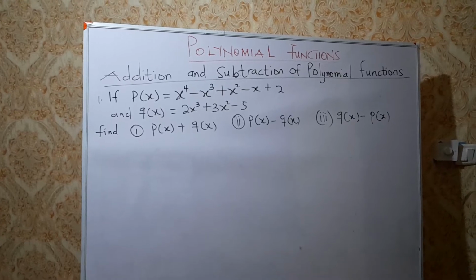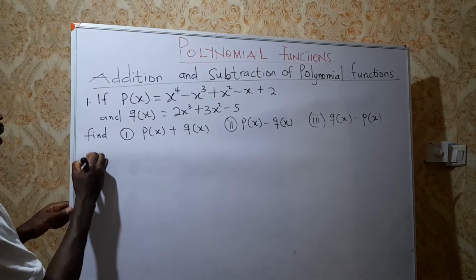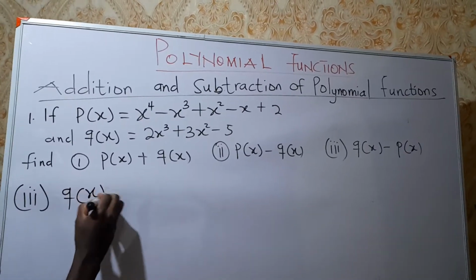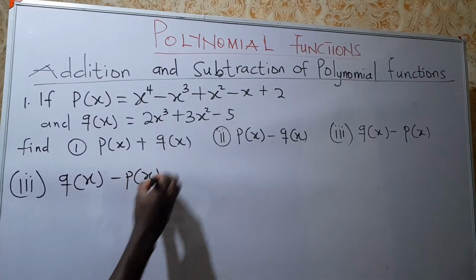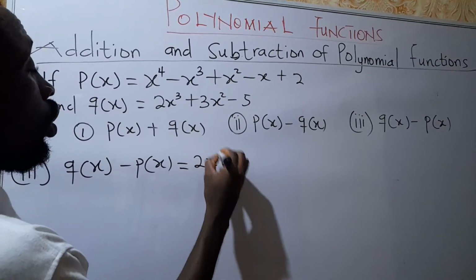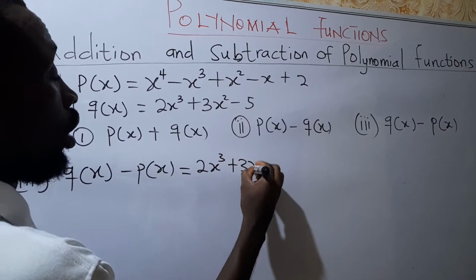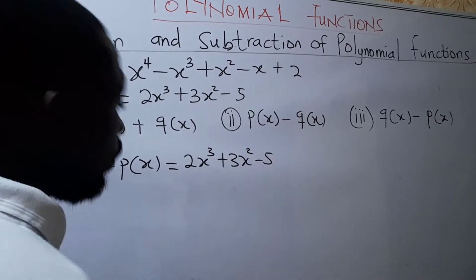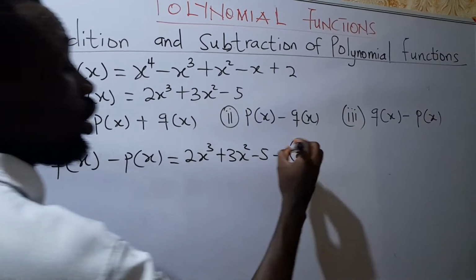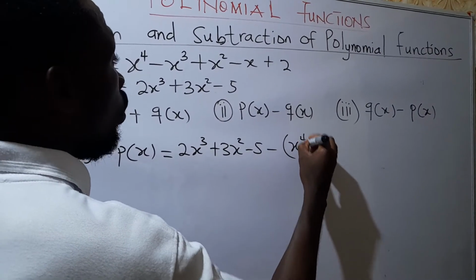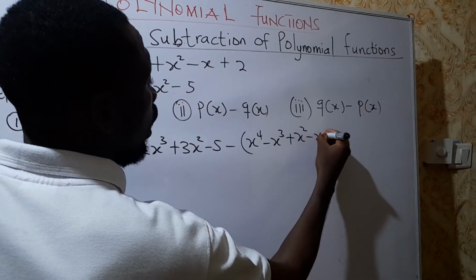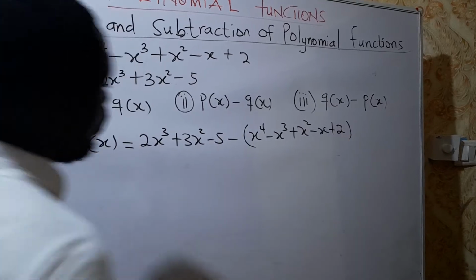So let's solve our third one, that's q of x minus p of x. So the q of x first. I have 2x cubed plus 3x squared minus 5. Then minus our p of x, which is x exponent 4 minus x cubed plus x squared minus x plus 2.